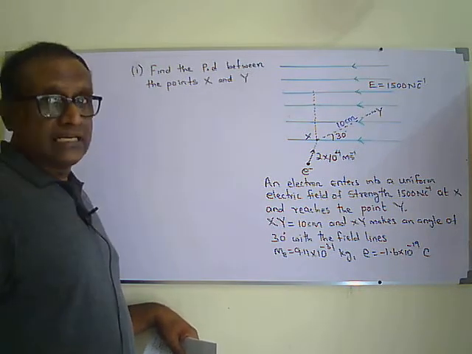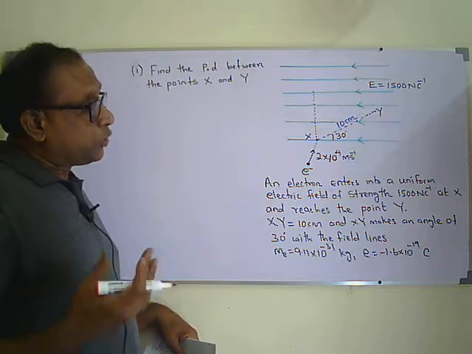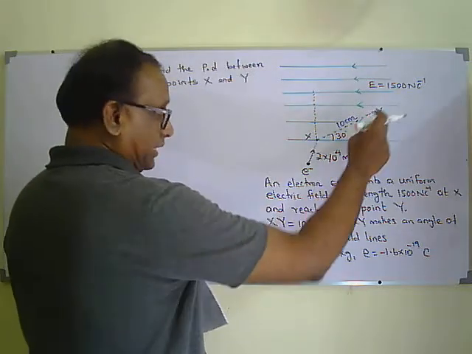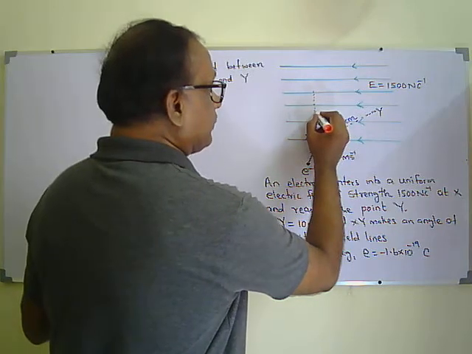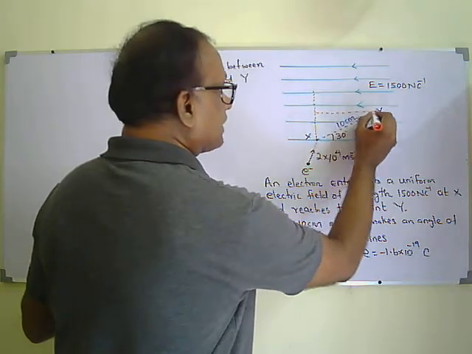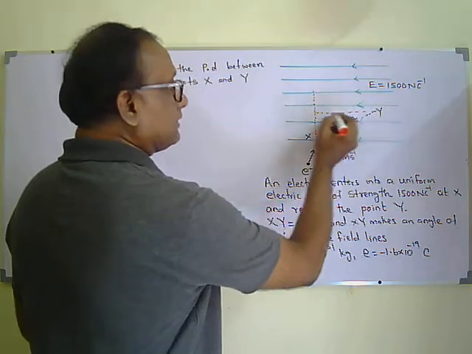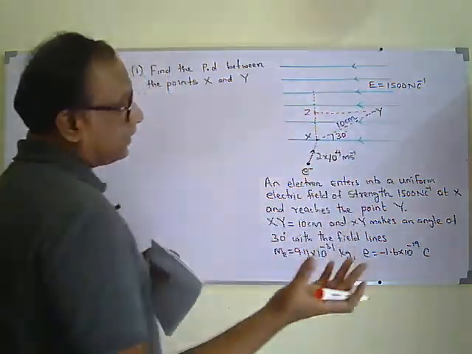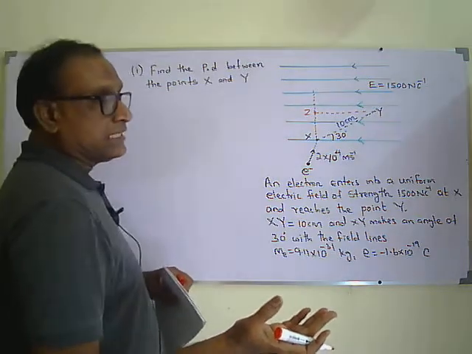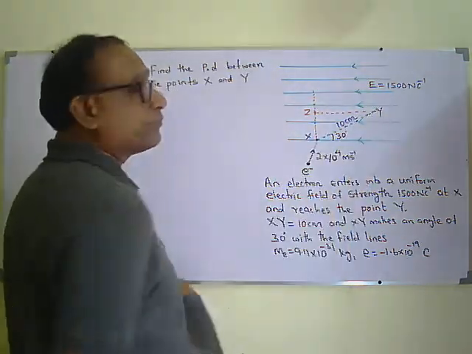So instead of finding the potential difference between X and Y, if I find the potential difference between a point Z on this surface and Y, that will be the same as the potential difference between X and Y.